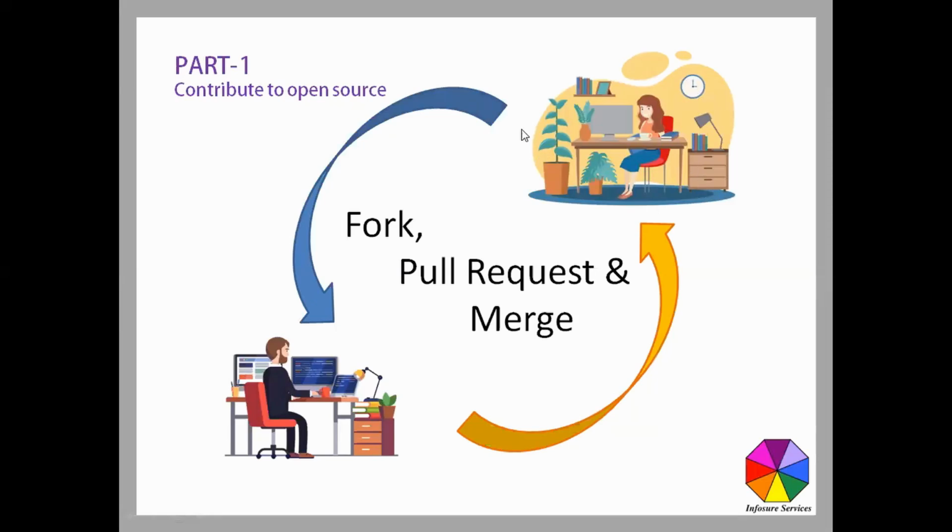So here is a software configuration manager who is maintaining a repository. That repository is available in a public location like GitHub, a GitHub account, and this person is a configuration manager who is maintaining that.